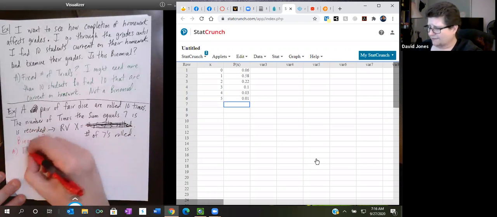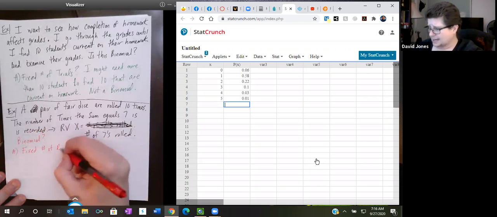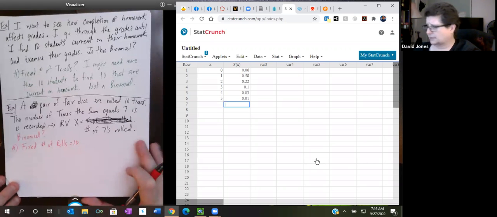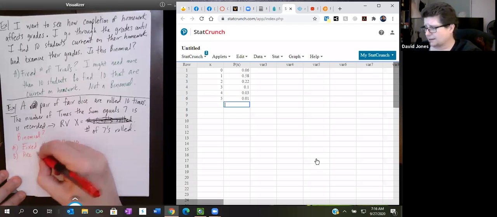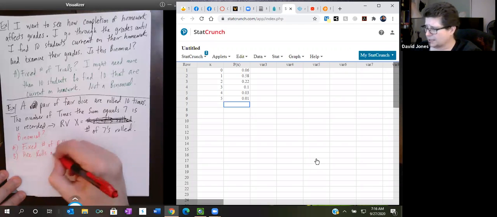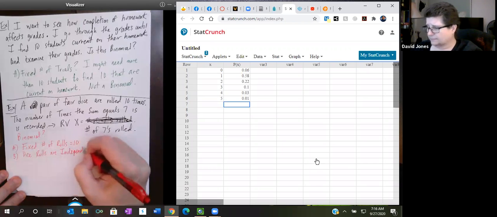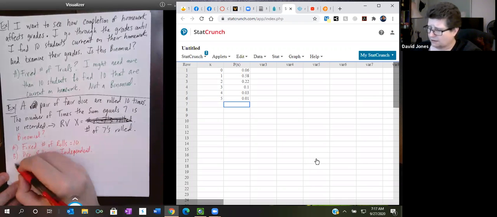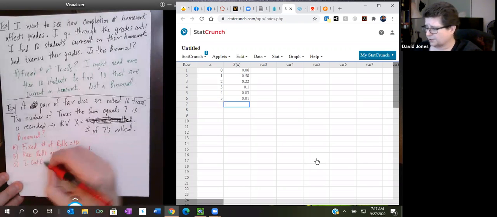So we have a fixed number of rolls at 10. That meets requirement A. Dice rolls are independent, which means the trials are independent. That meets requirement B. There are 2 outcomes that are mutually exclusive.